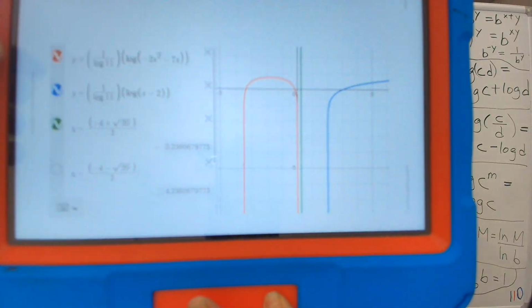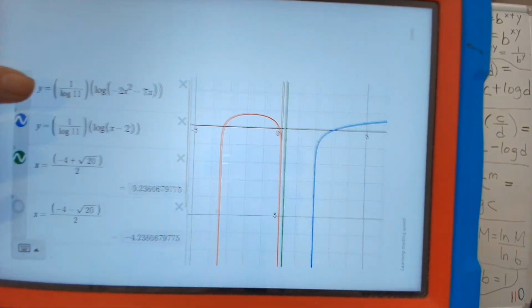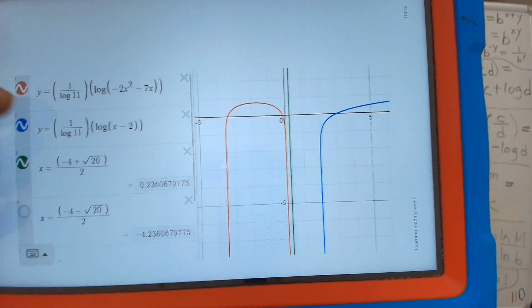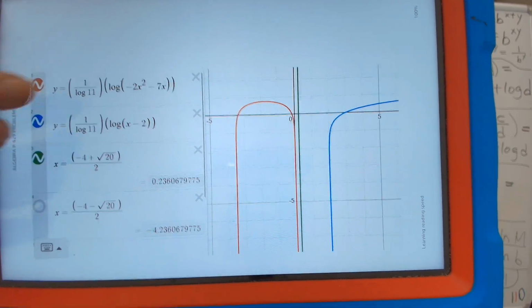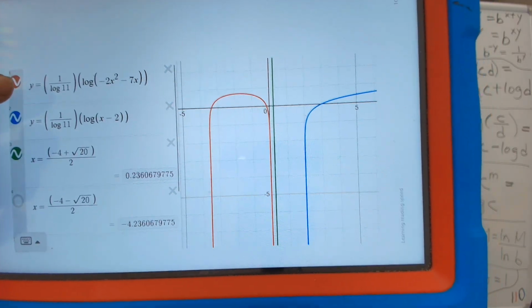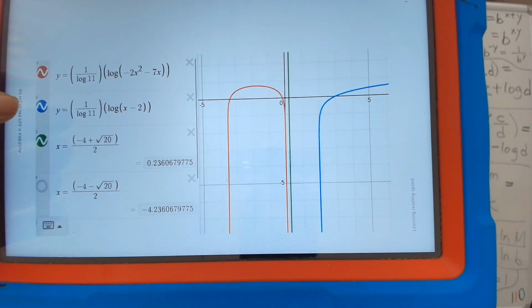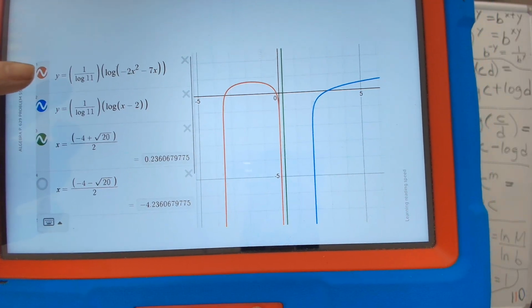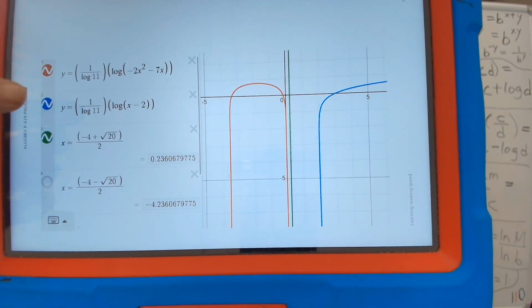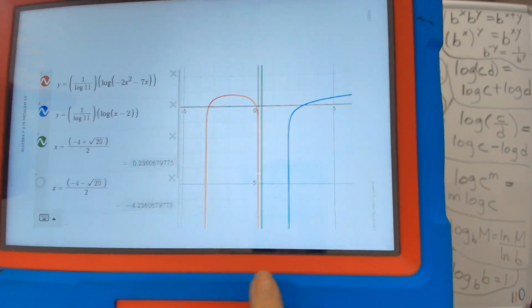So see, that is what I did. First, I have it divided by log 11 because we're doing log base 11, and then this thing is the same deal. So once you type it in, that's the red graph, and then there's the blue graph. This is the left side equation, that's the right side equation, and as you can see, the two graphs don't meet.